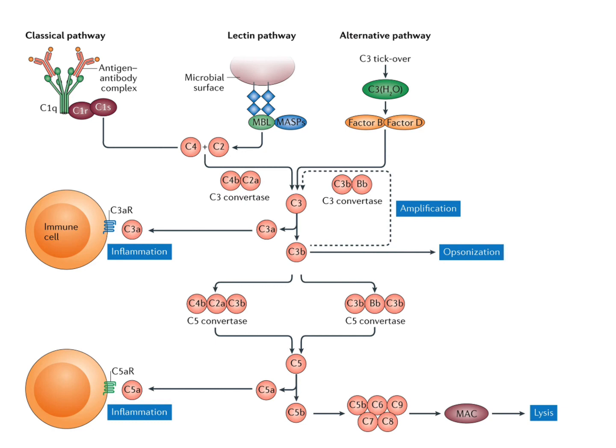After the C3 is broken down into C3a and C3b, this C3b molecule combines with C4b and C2a to make C5 convertase, and then they cleave C5 into C5a and C5b.